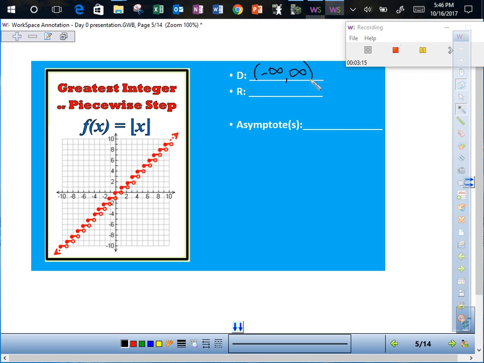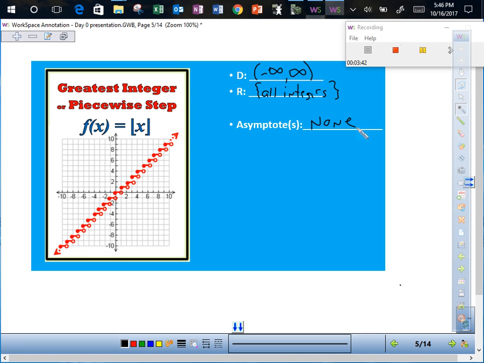Now the range is a little bit different on this one. What the range is, it's nothing but the integers. So what I'll say for the range is that it's all integers. There's no asymptotes on this one because our graph's not approaching a certain number.